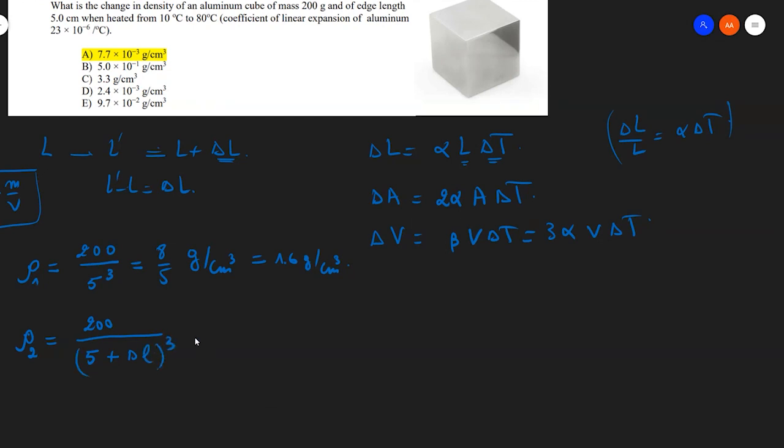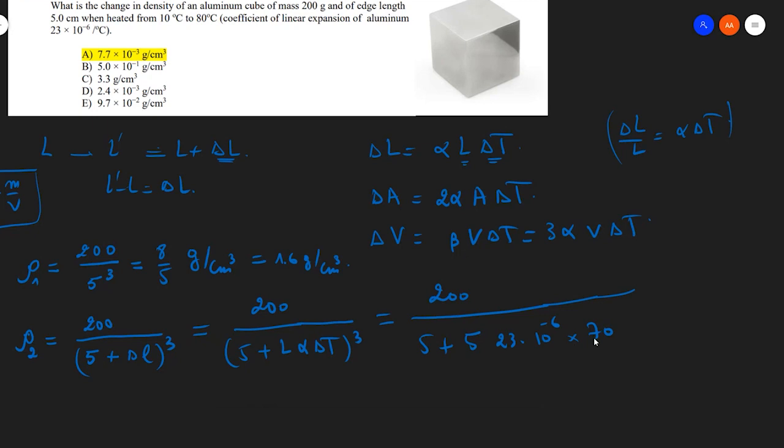So I will write like this. So 200 over the new volume, which is 5 plus delta L. As we said, it is L alpha delta T. Okay, 200 over 5 plus the length is 5, and alpha is what is it? 23, 10 to the power minus 6, and delta T is 70 Kelvin or degree.